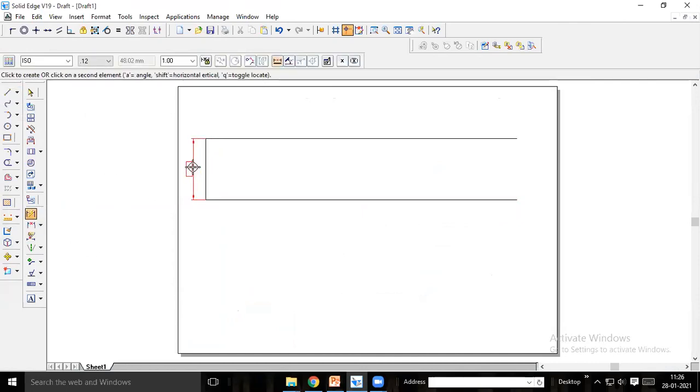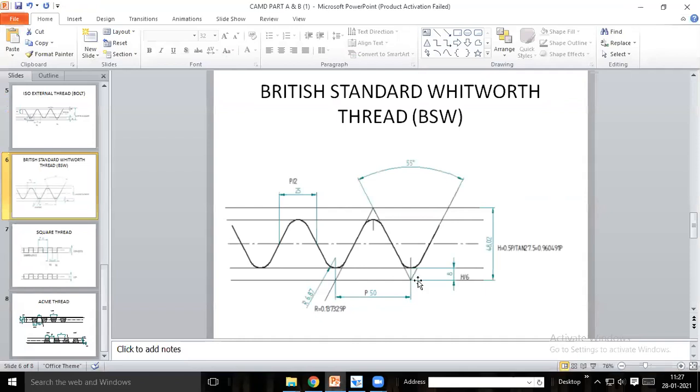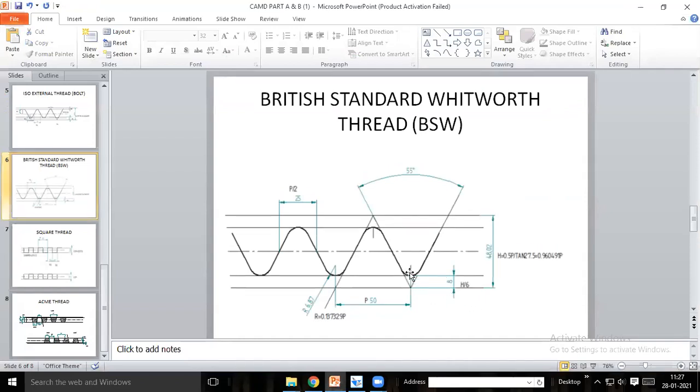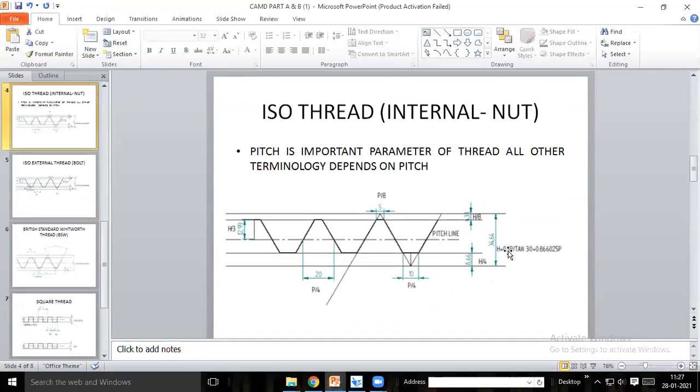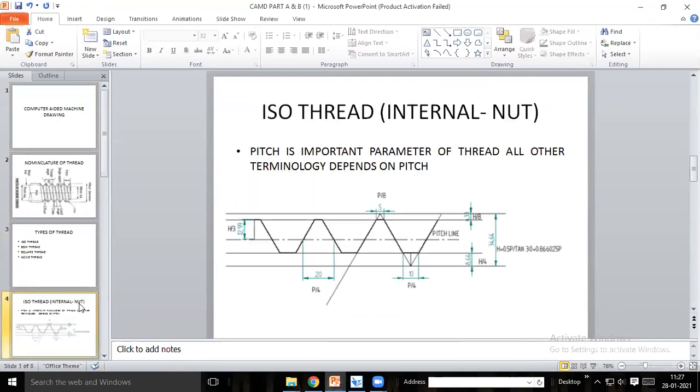48.02. You can write the formula h is equal to 0.5 times P divided by tan alpha, where alpha is 27.5 in case of BSW thread. If you see in ISO thread, at the bottom you will be having h by 4 for internal thread, and at the top you will be having h by 8.